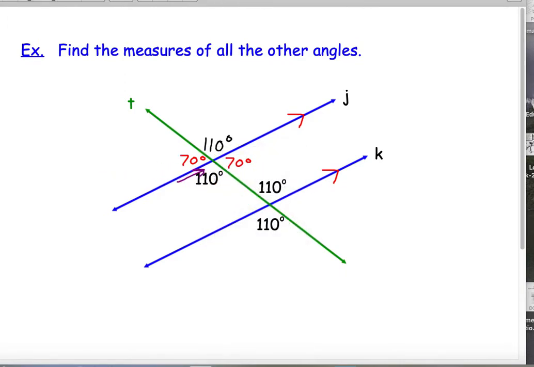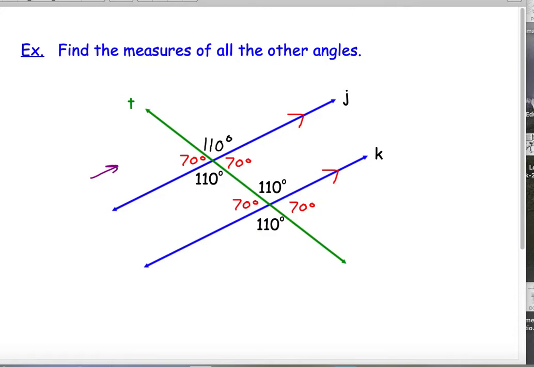And then I know that this angle and this angle are alternate interior angles, so they're going to be equal. And then likewise, I have a vertical angle for that right over here.